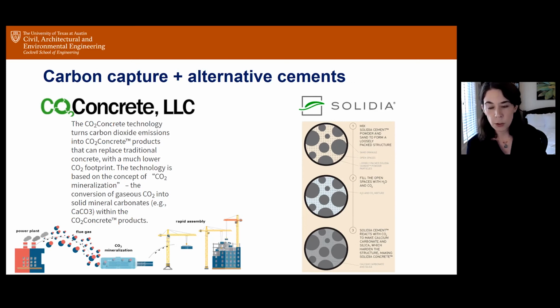And so these are just two examples of companies that have a process that takes CO2, mineralizes it, and turns it into a building product itself. So there's a lot of unique opportunities here. I would say instead of just looking at the energy perspective, look at a bigger picture. And a bigger picture includes both the material and the processing at the same time.